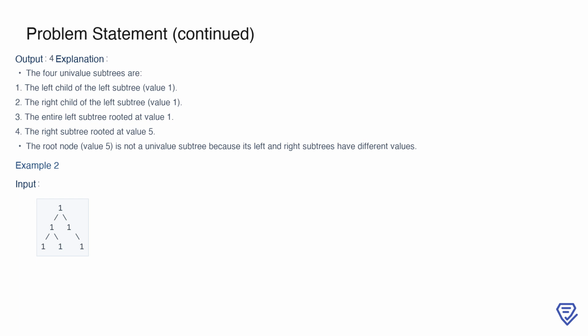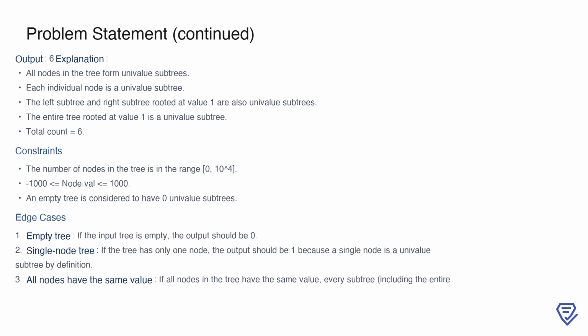Now looking at another example, the binary tree is structured differently, with all nodes having the same value of 1. This setup provides another perspective on how to identify univalue subtrees. In this second example, the output is 6 because every part of the tree is a univalue subtree. Each individual node qualifies as a univalue subtree, as do the left and right subtrees rooted at the value 1.